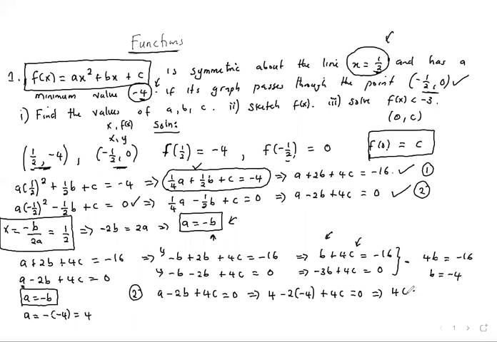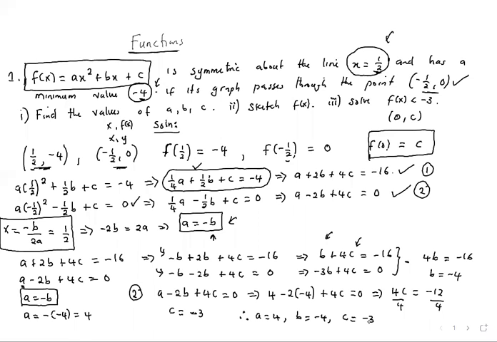So we have 4c is equal to negative 12. You divide by 4, divide by 4. C is equal to negative 3. So what we have now is a is 4, b is negative 4, c is negative 3.